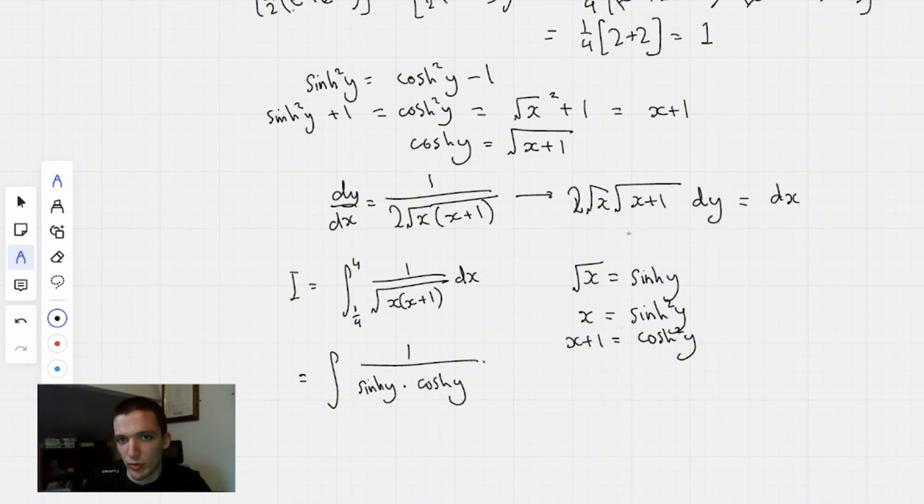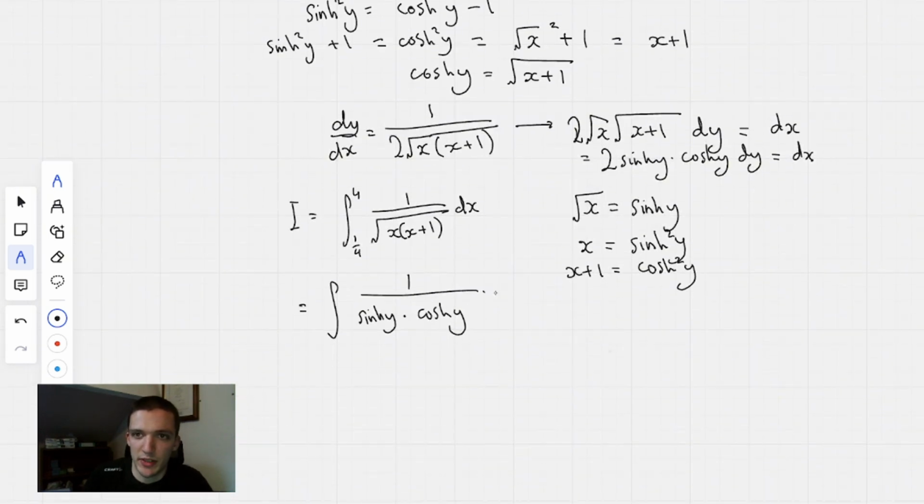Now 2 root x is sinh y, multiplied by root x plus 1 is cosh y, dy equals dx. That's pretty useful, because instead of writing dx here, I'm going to write 2 multiplied by sinh y multiplied by cosh y dy.